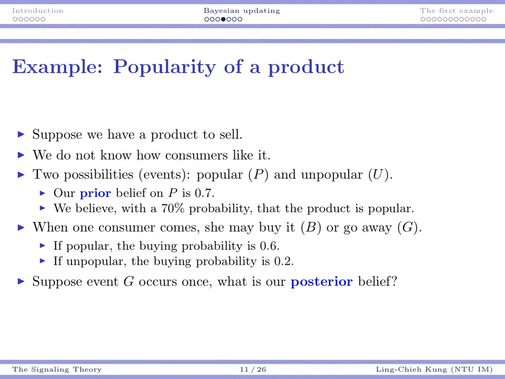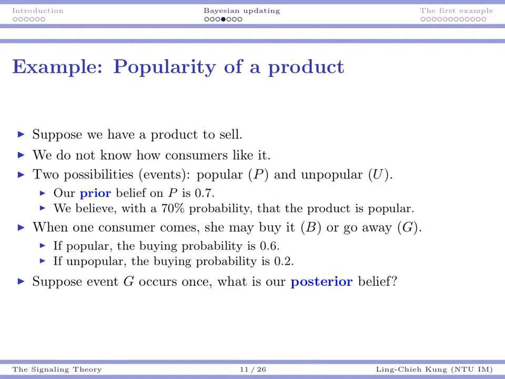To give you an example, let's consider the popularity of a product. Suppose I have a product to sell. We don't know how popular the product is. Let's assume there are two possibilities, either popular or unpopular. At the beginning, we are somewhat confident. We believe that the product is popular with probability 70%.